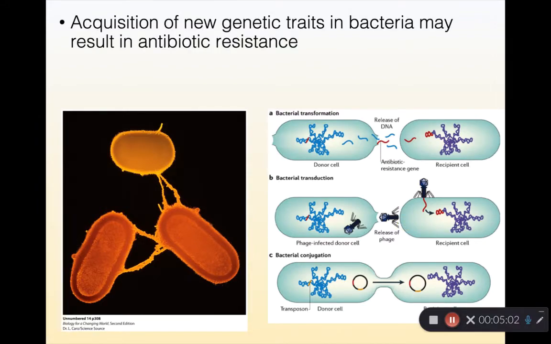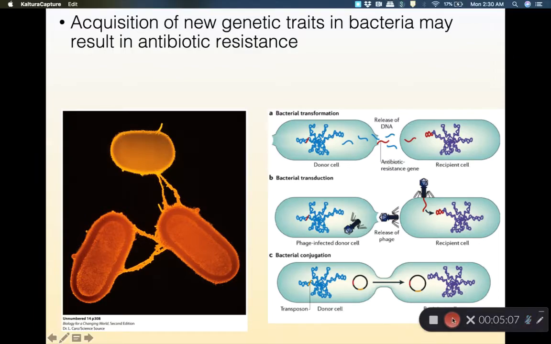Now, acquisition of these new genetic traits can result in antibiotic resistance. There are several mechanisms in which mutations or new structures of DNA can be acquired by bacterial cells. One of them is called bacterial transduction and bacterial transformation. That's when bacteria will actually release strands of DNA, and this DNA may include a trait that may result in antibiotic resistance.